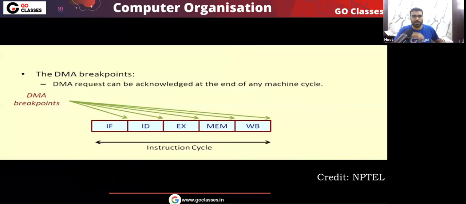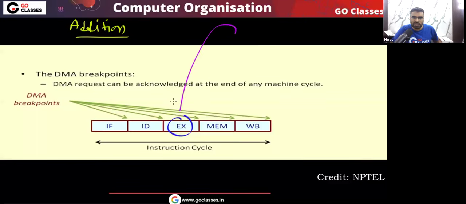And I told you about DMA breakpoints. What are the DMA breakpoints? You can easily see. For example, let's assume the CPU is performing an addition operation inside the ALU. During this addition operation, let's assume a DMA request comes. DMA sends a request that now I'm ready for data transfer, give me access of the system bus.